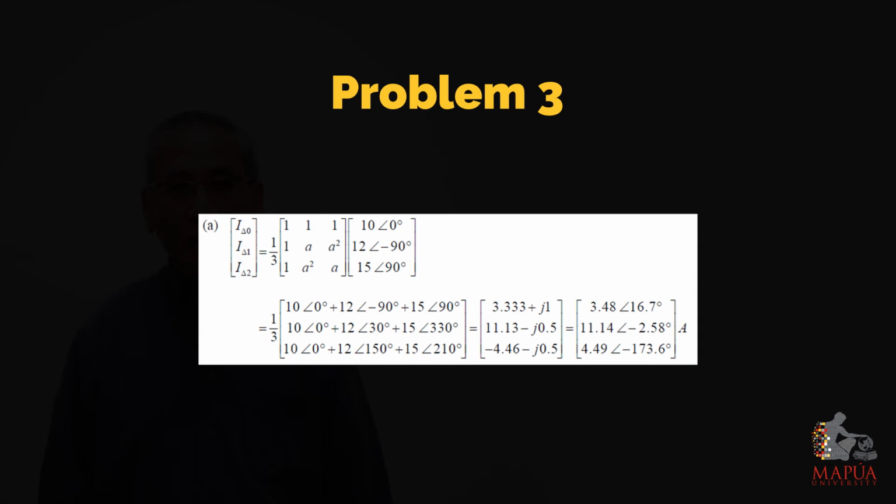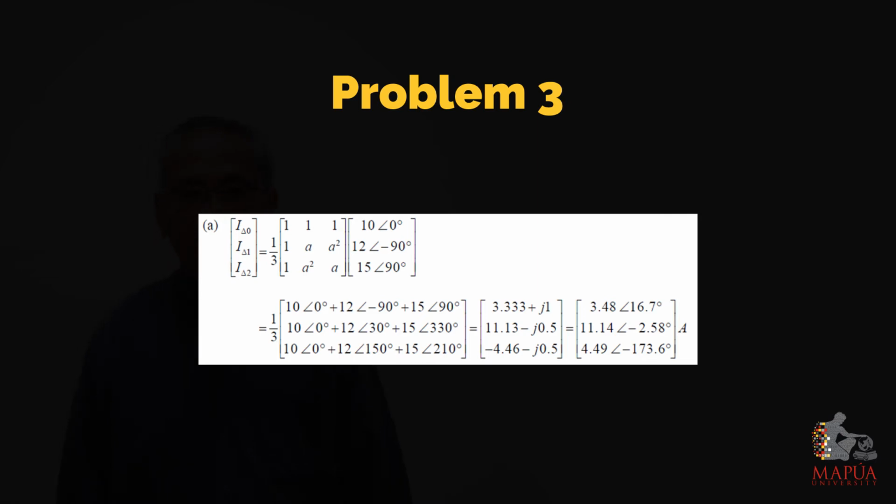So our solution now, for letter A, is determining the sequence current components of the delta connected load. This will be equal to 1/3 multiplied by the inverse of the A matrix multiplied by the currents flowing through the delta connected load.